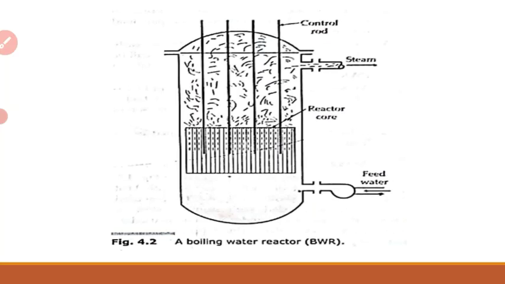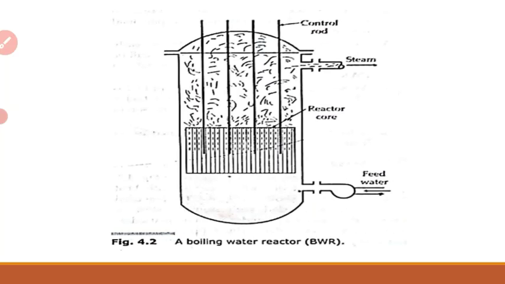Last class I explained what the moderator is. I hope you remember. The purpose of the moderator in the reactor core is to moderate or reduce the neutron speeds to a value that increases the probability of fission occurring.